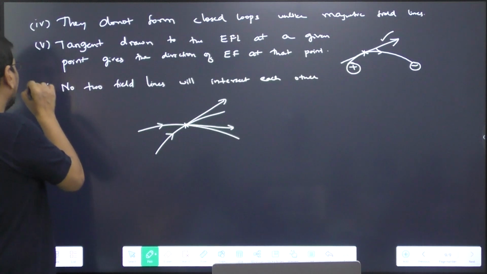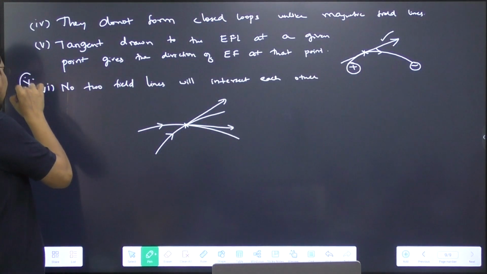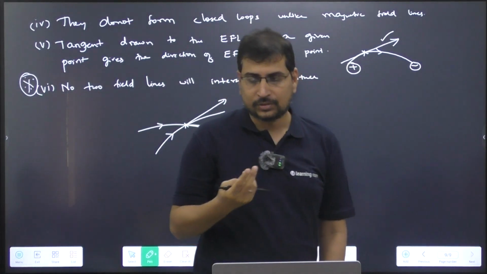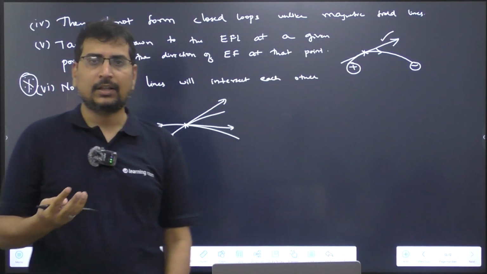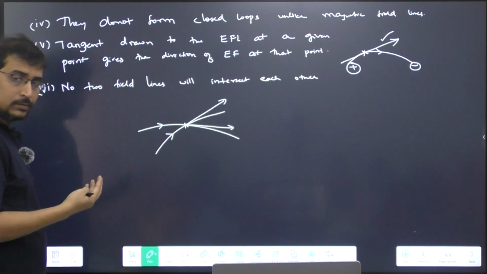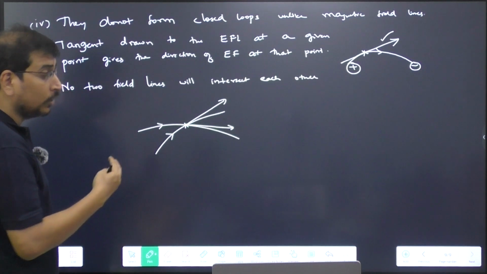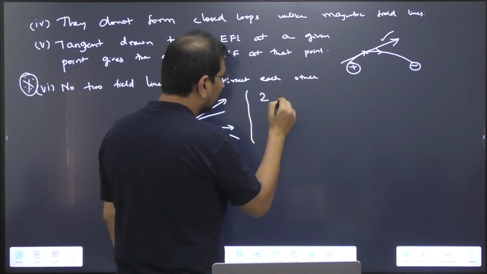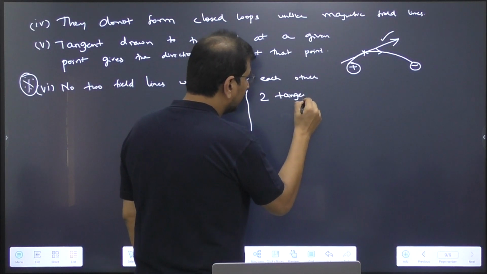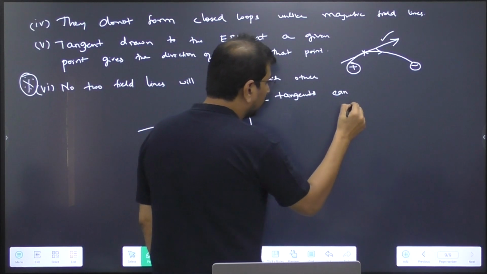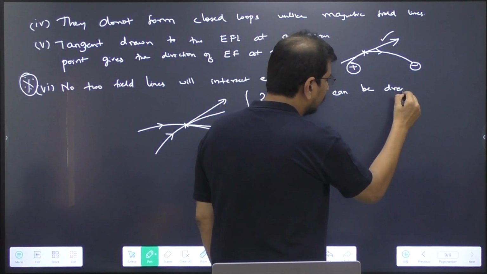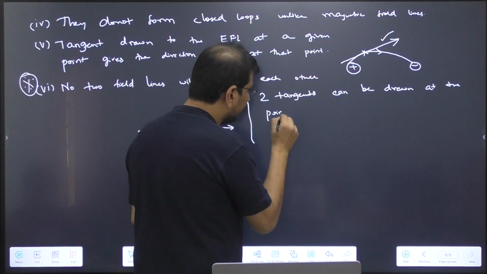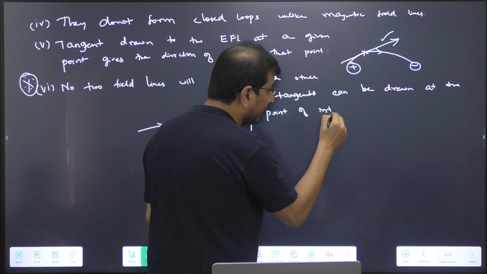So this is a very, very important point and often asked question. Why do the field lines never intersect? So what will be the answer that you will write? We need to say that two tangents can be drawn at the point of intersection. And what does it signify?